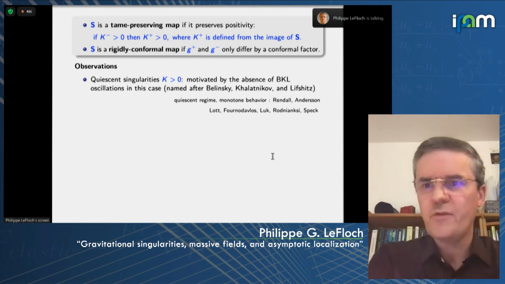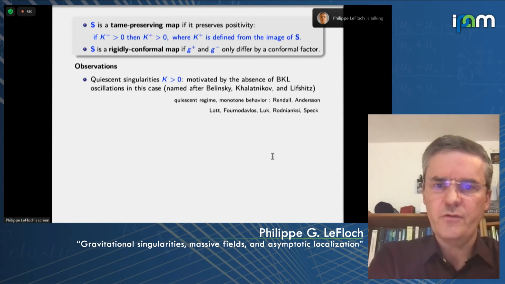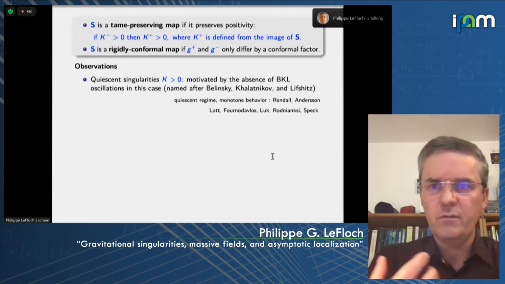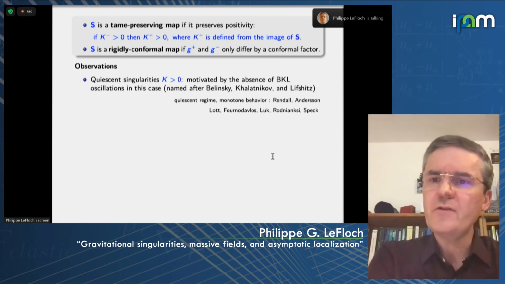There are two regimes identified by BKL, and we look at the so-called monotone regime that has attracted a lot of mathematical analysis. And so this is a regime that we have studied, and it's also very consistent with what I told you before.